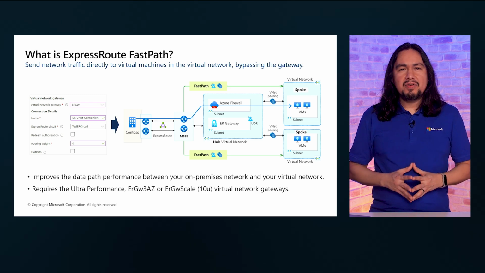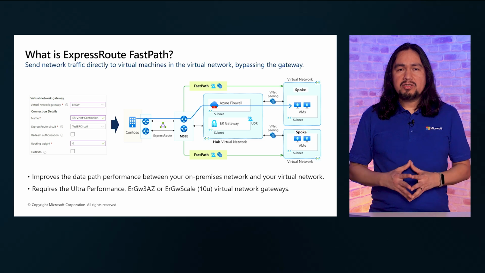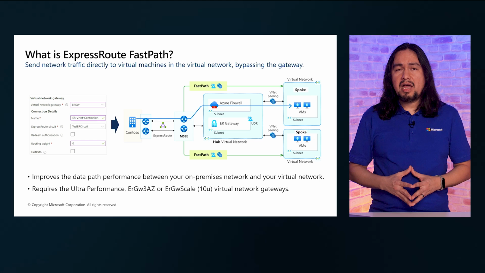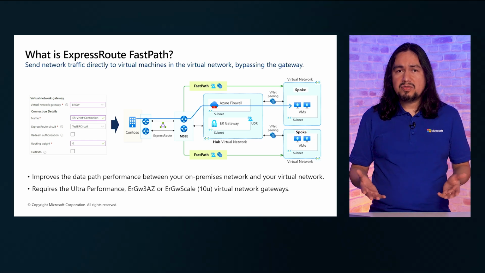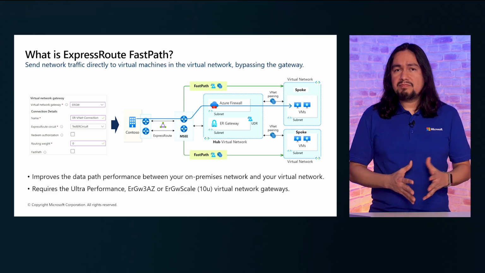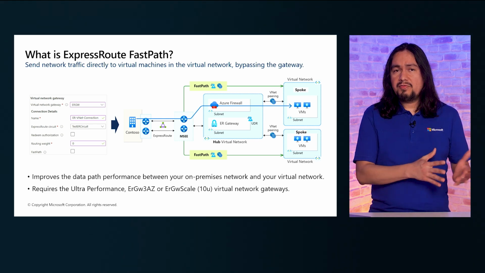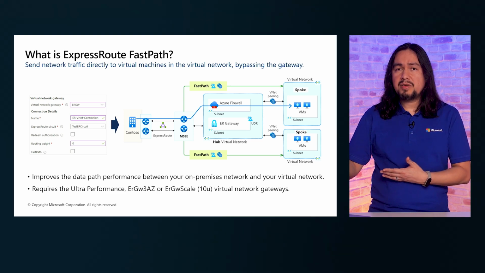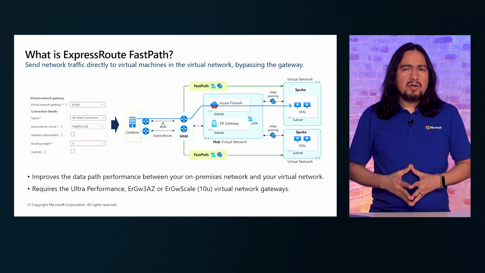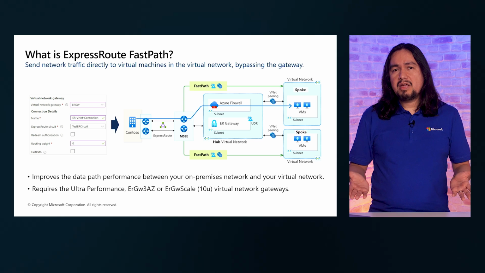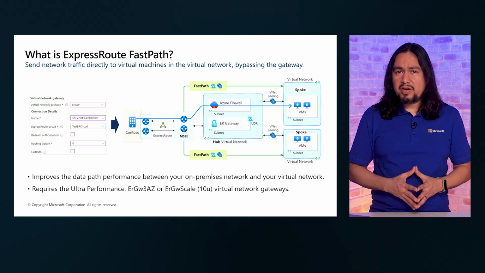Just like the virtual network gateway for VPN, the ExpressRoute gateway also has a limitation depending on the SKU that you choose regarding the bandwidth that you can use. As you probably learned from previous slides, we have circuits that can go from 50 megabits per second up to 100 gigabits per second in ExpressRoute Direct. So the virtual network gateway sometimes cannot sustain this amount and may become a bottleneck for your virtual network.